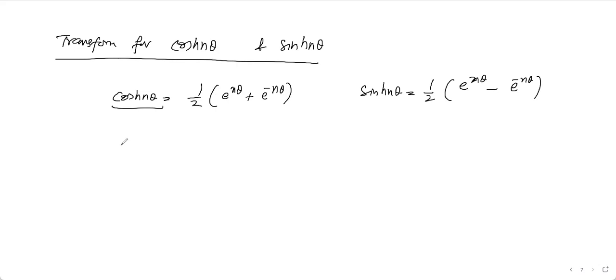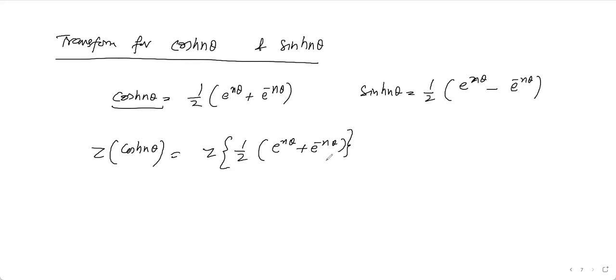So Z of cosh n theta will be Z of half e to the power of n theta plus e to the power of minus n theta, right? Let us take the constant outside. What we are using here is the linear property, taking the constants out, so half being the constant, let us take that out.